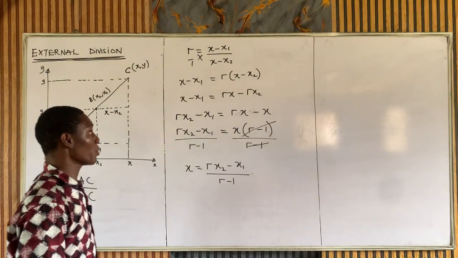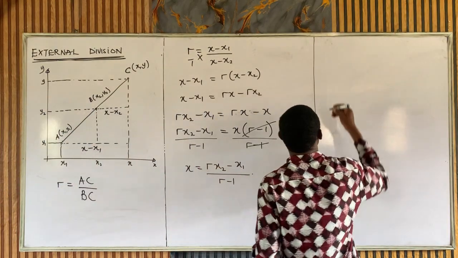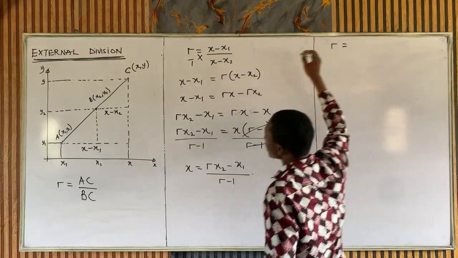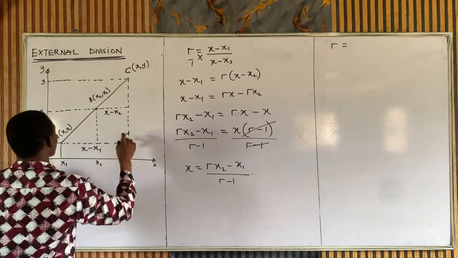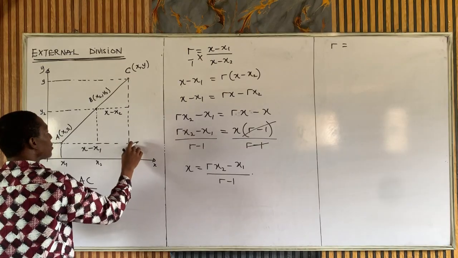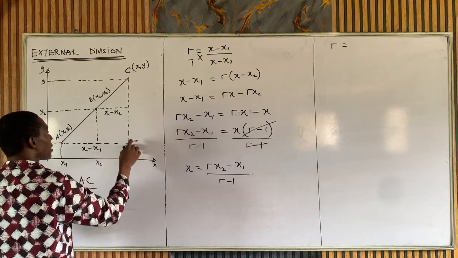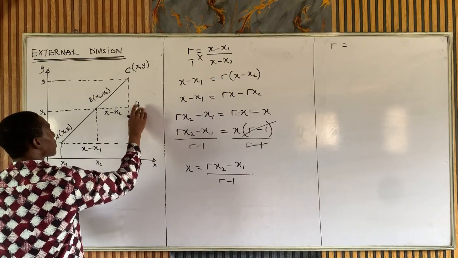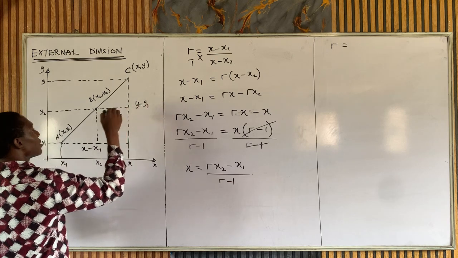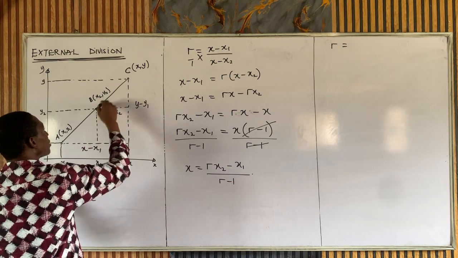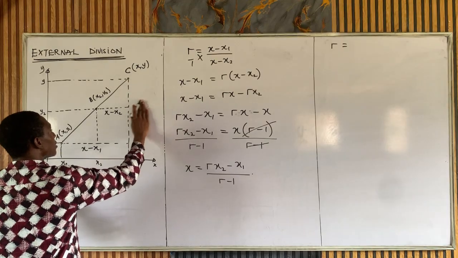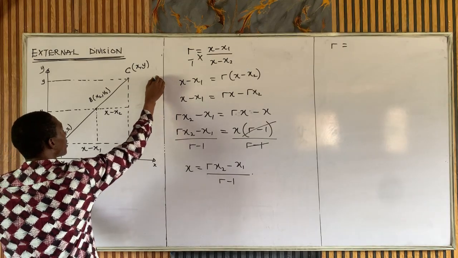In the same way, if you do it for your y, the distance for AC along the y is y minus y1, from here to here, in ratio to the distance from B to C, just here alone. This is y minus y1 from here to here.